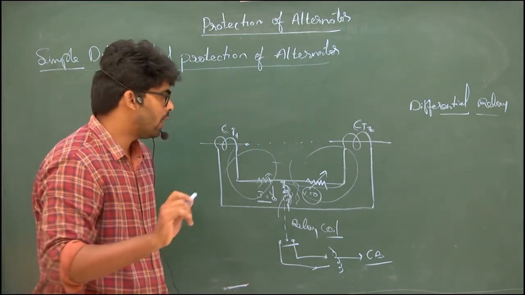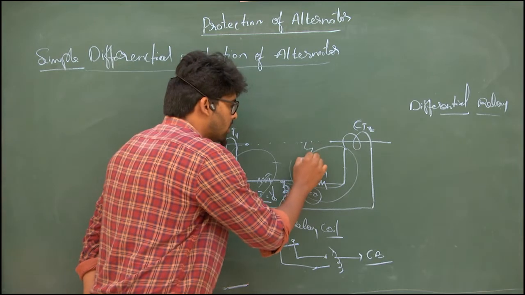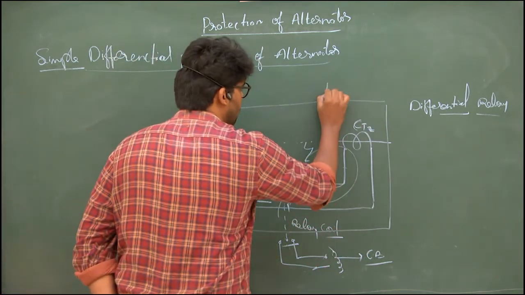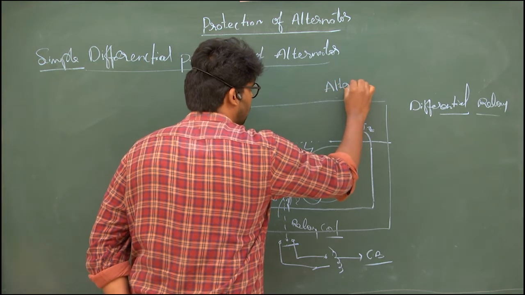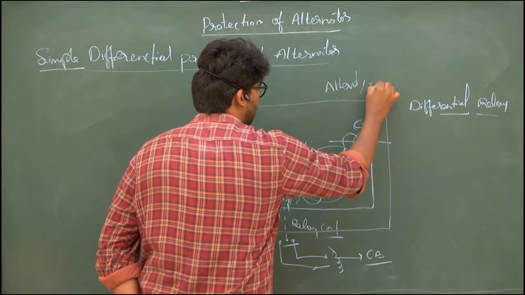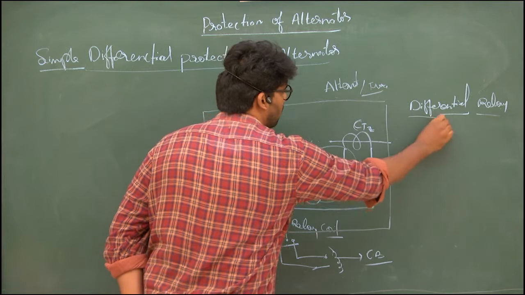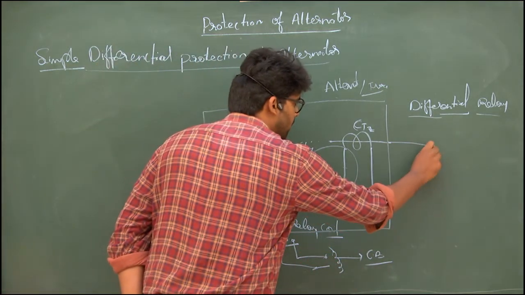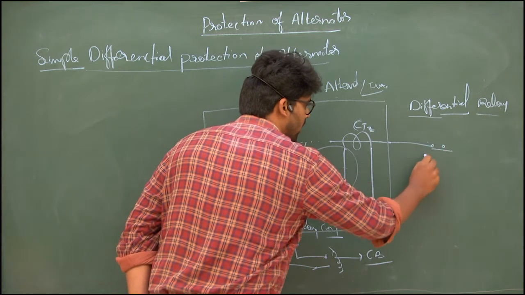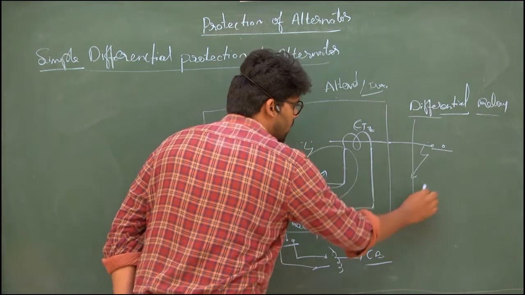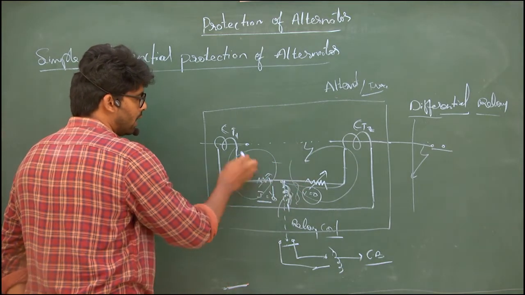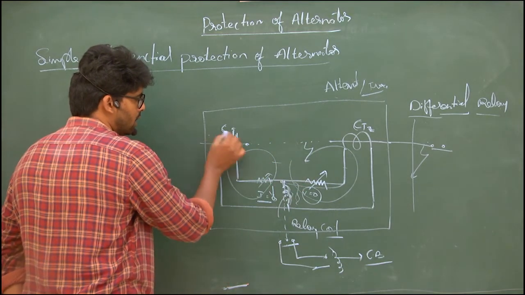For example, this is a protection zone. This may be an alternator or a transformer. To understand the differential relay, I'm taking this example. If any fault occurs externally, there is no impact in this system.